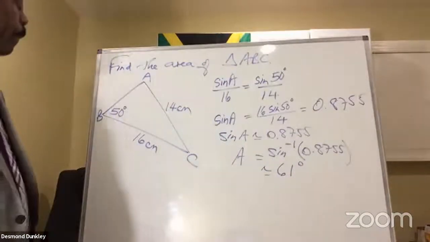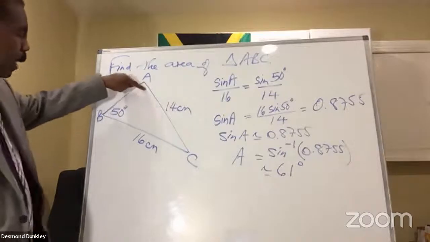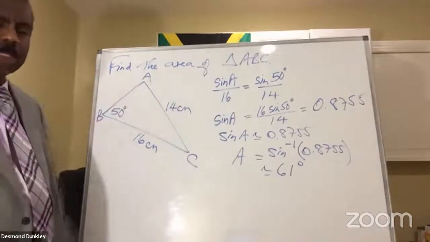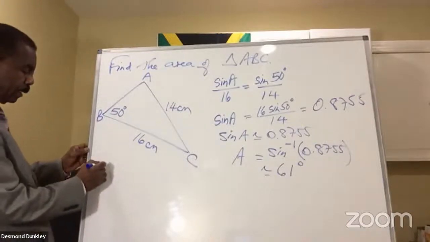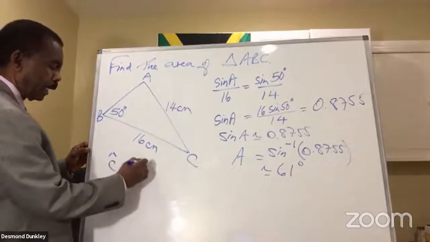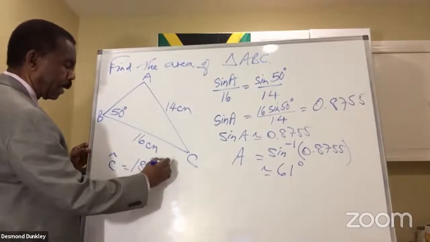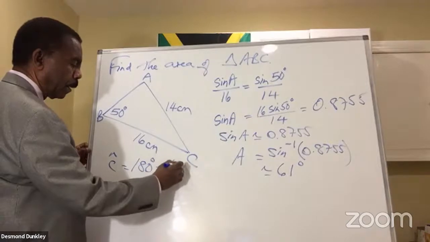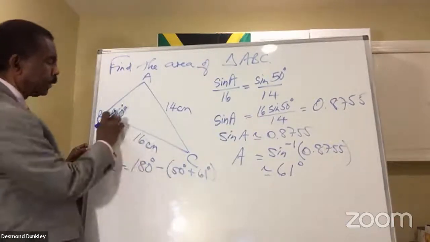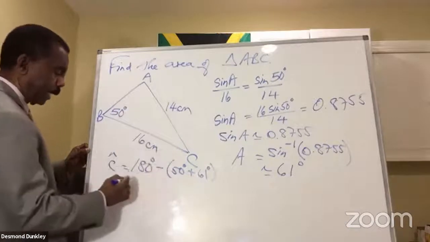So if A is 61 and B is 50, what is angle C? Angle C is going to be equal to 180 degrees, take away 50 degrees plus 61 degrees. We add these two and subtract from 180.